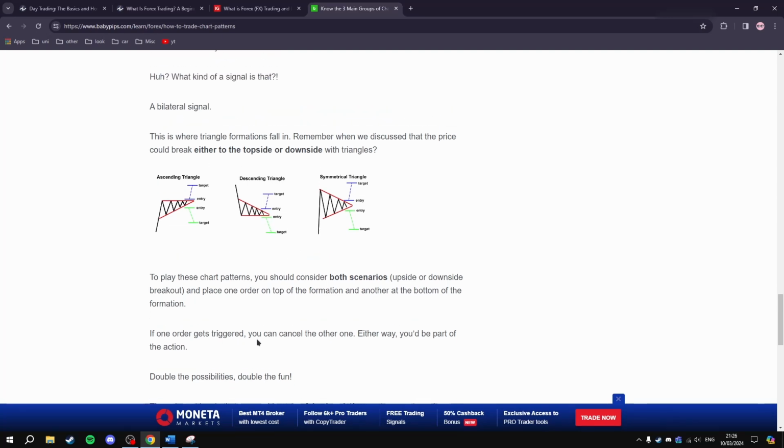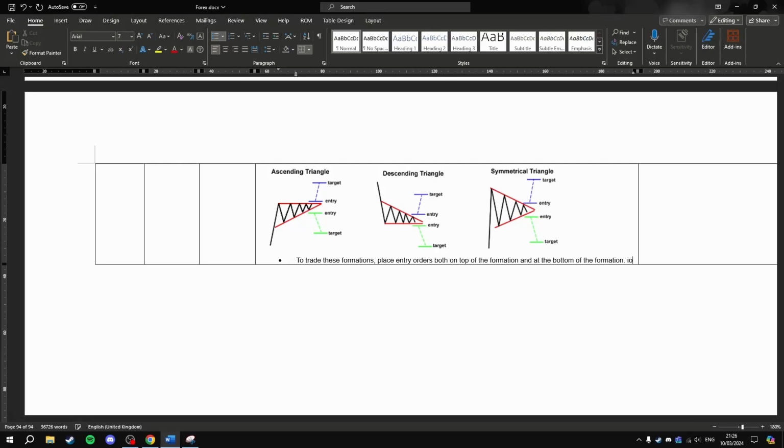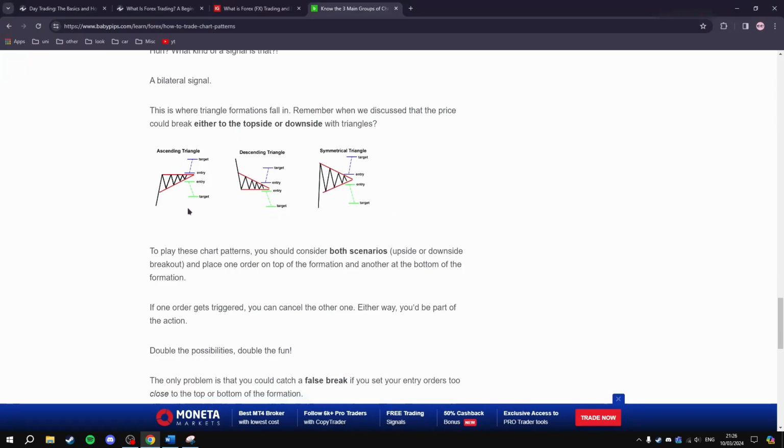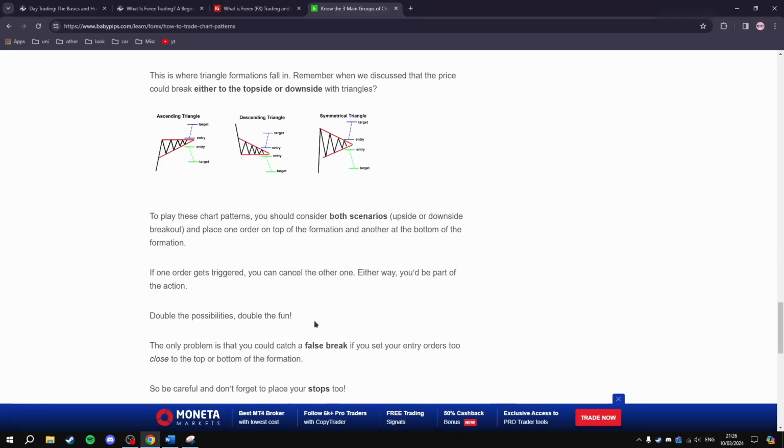If one order gets triggered, you can cancel the other one. Either way, you'll be part of the action. Double the possibilities, double the fun.